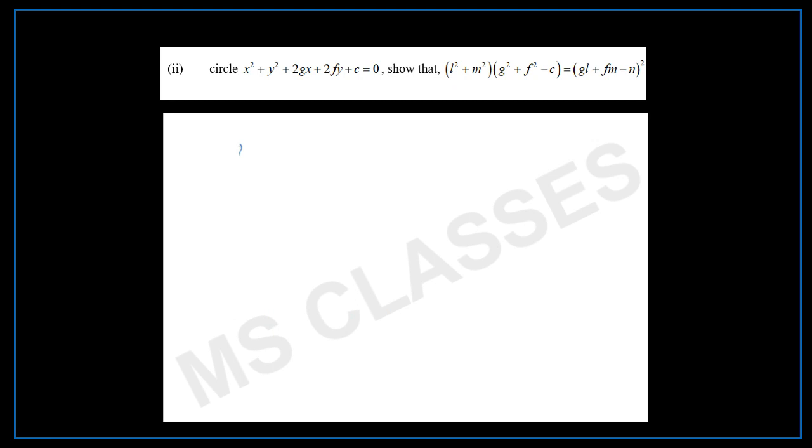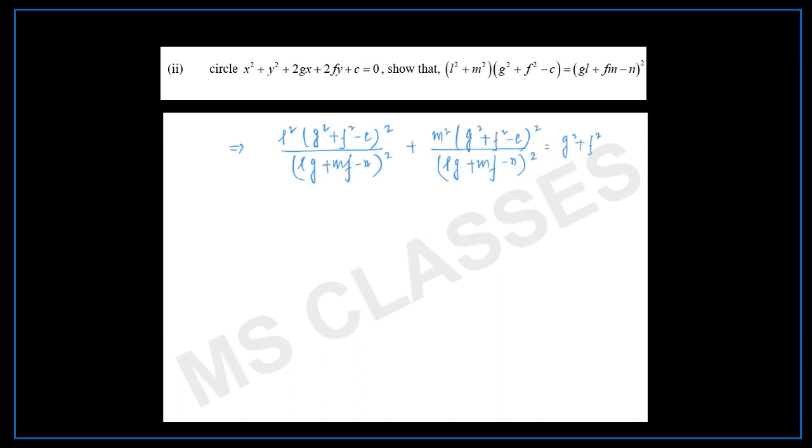Now, on simplifying we get L square into g square plus f square minus c whole square by Lg plus mf minus n whole square plus m square into g square plus f square minus c whole square divided by Lg plus mf minus n whole square equal to g square plus f square minus c, which on further simplifying gives L square plus m square into g square plus f square minus c equal to Lg plus mf minus n whole square.